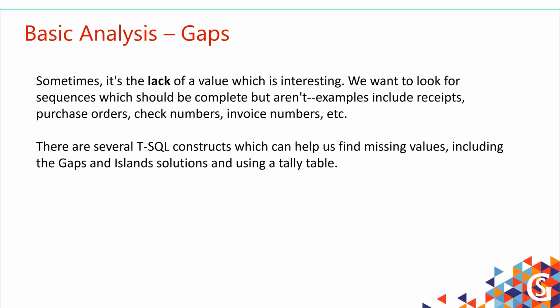In the meantime, the next thing that we may look at in basic analysis is gaps, or the lack of a value. There are cases like invoice numbers, purchase orders, check numbers, where I want to see the contiguous set of numbers. So if I have check number 1000 and check number 1001 and check number 1003, I'm going to want check 1002.